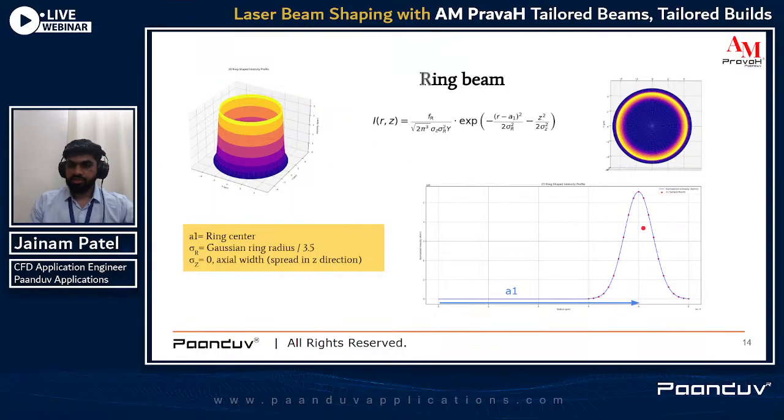So the heat distribution only happens on the intensity part. There is no high intensity at the central part; there is totally zero intensity at the center. So this thermal distribution will cause a different melt pool shape profile.